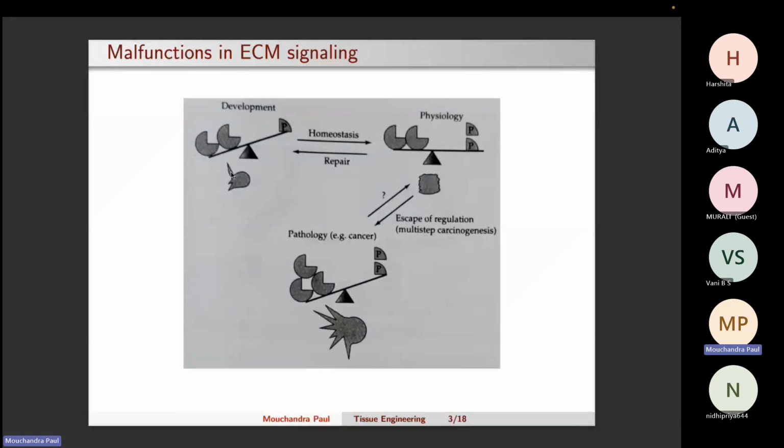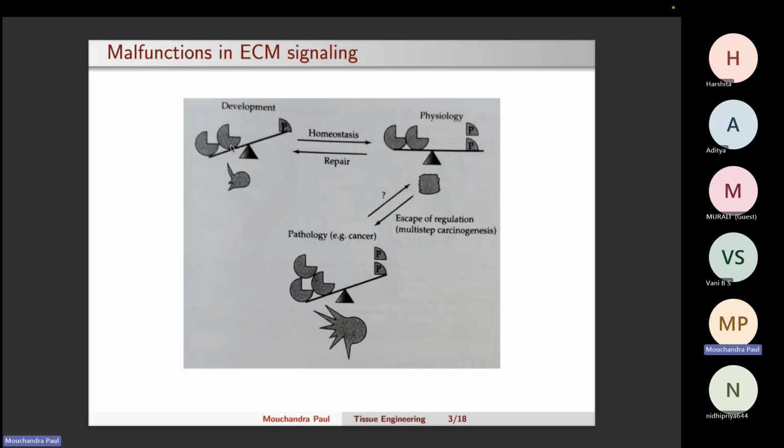So here, this is what happens during development. This is basically a swing, or you can say a balance, where on one side there are MMPs and on the other side there is your ECM protein. During embryonic development, the activity of these MMPs is very high, and they are very functional, because the cells are continuously changing their orientation and new tissues are being formed.